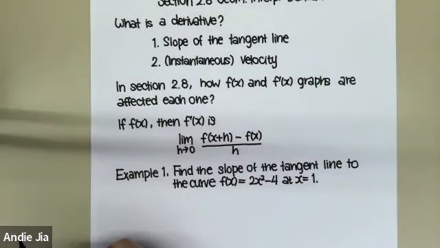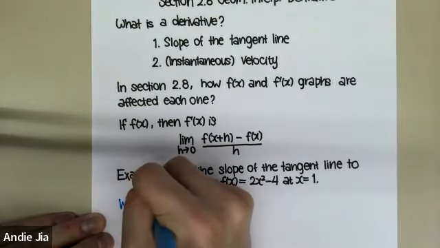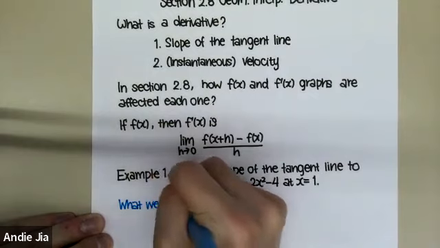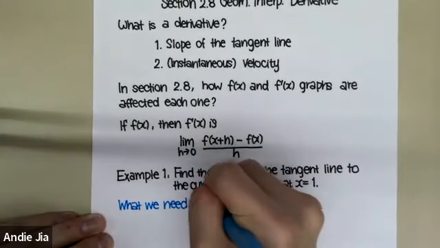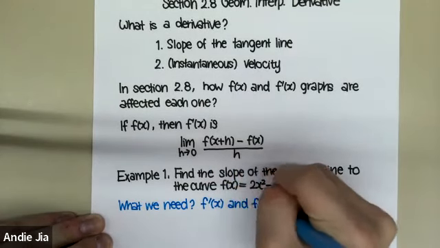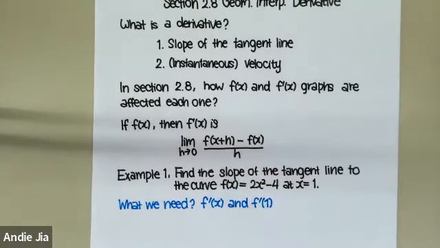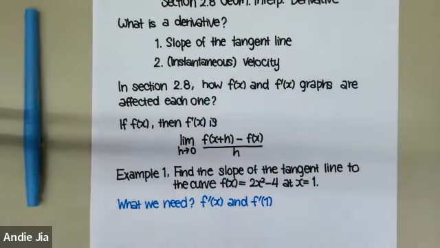So in this case, let's think of what we need. We need to find f prime of x and f prime of 1, and we have f of x, so we can compute f of 1 with our information.